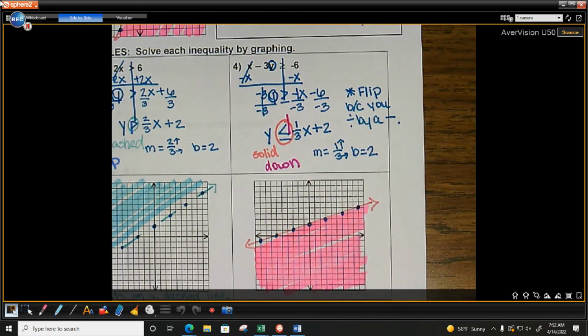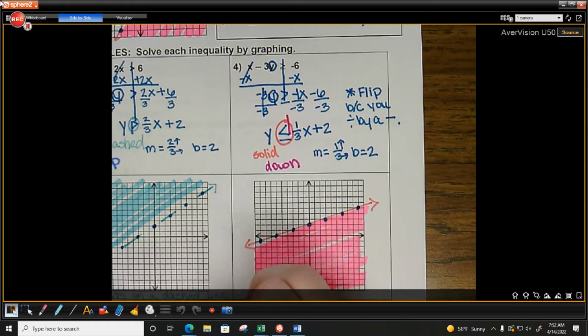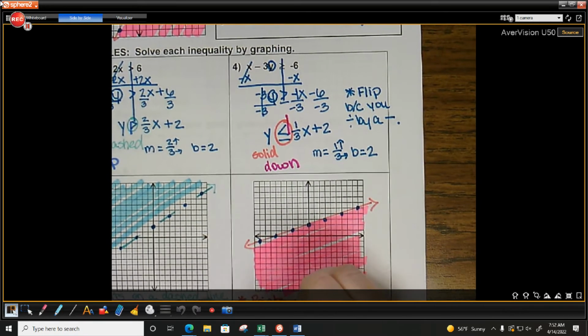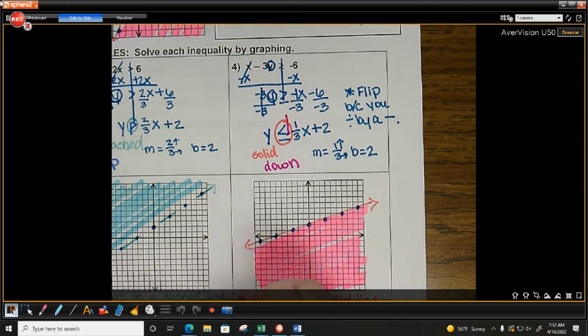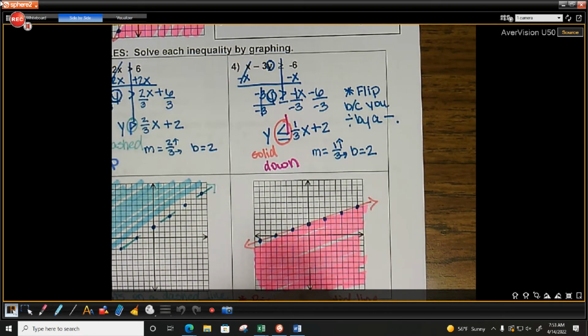Okay, what is true about points on a solid line? They what? They are solutions. Very good. Points on a solid line are solutions.